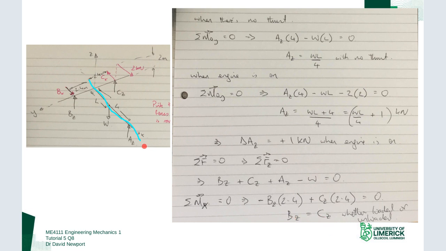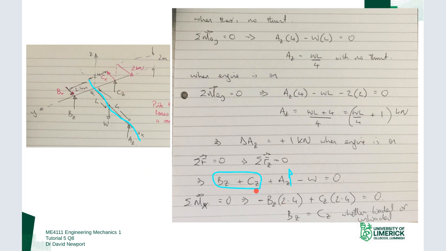And again, that makes sense if you think in terms of the way an aircraft is designed. We'd have the landing gear taking equal loads at B and C. So therefore, the fact I've increased AZ by 1,000 newtons, from my sum of the forces equals 0, which doesn't change whether it's loaded or unloaded, we can see that if I've increased this by 1,000, these two have decreased by 1,000 and they're equal.